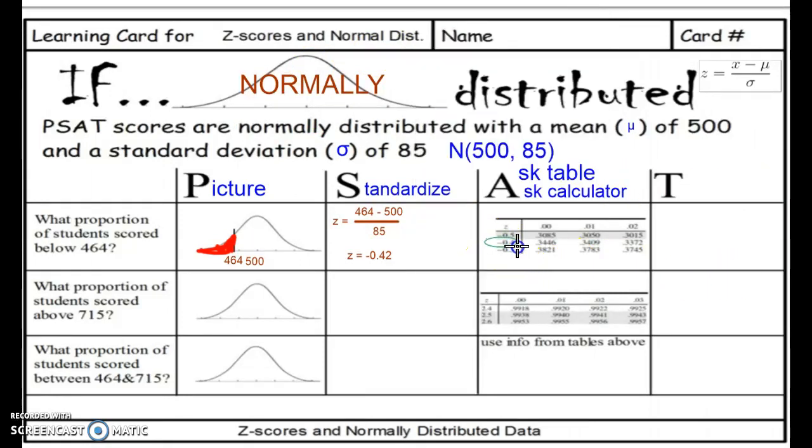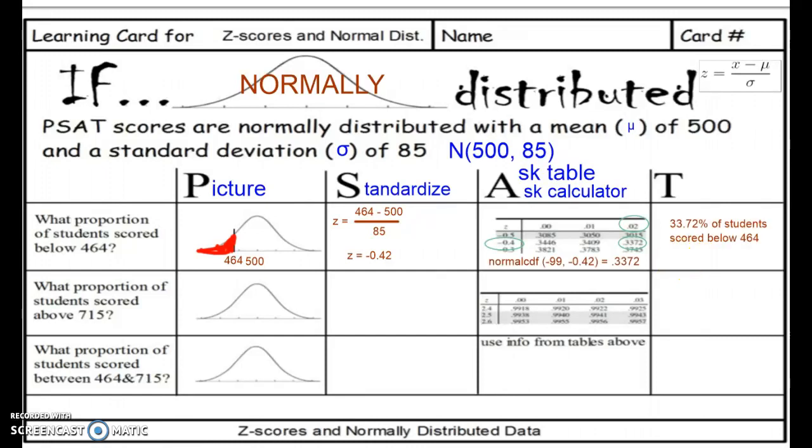If I look right here, I've got negative 0.4 and then 0.02. So negative 0.42 matches up right here at 0.3372. So the area under the curve to the left of 464, or a z-score of negative 0.42, is 33.72%. Now, if I was going to use my calculator, what I would use is normal CDF from negative 99 to negative 0.42, and it would give me the same value.